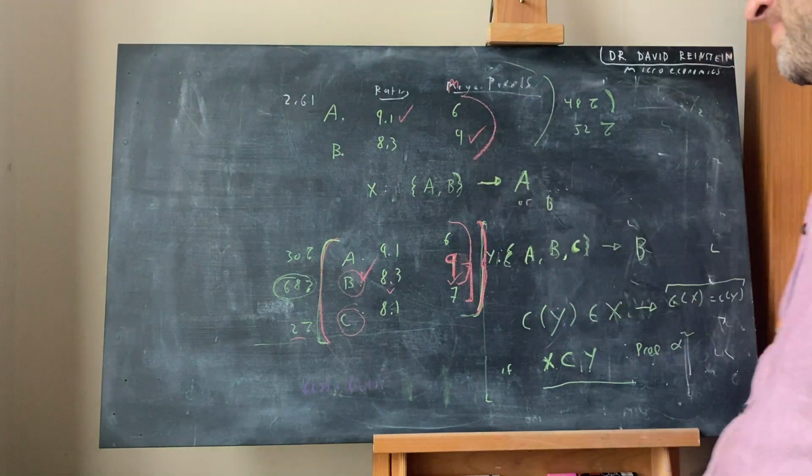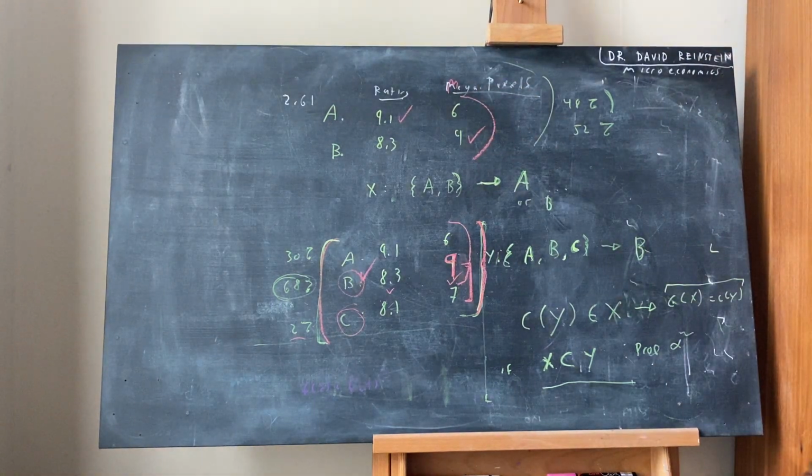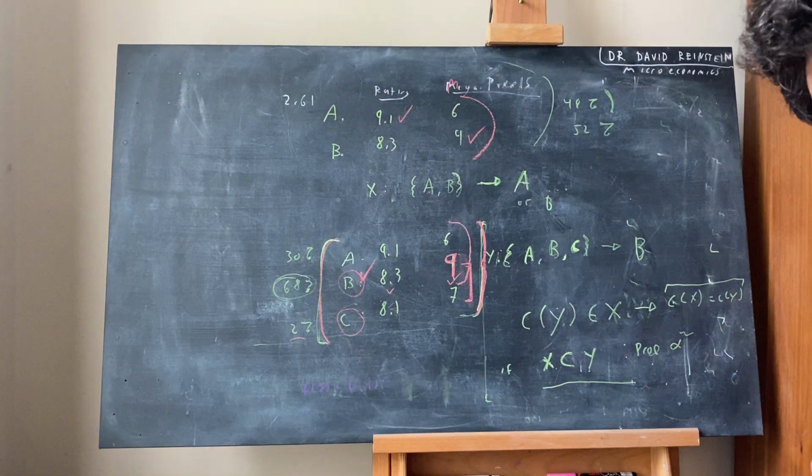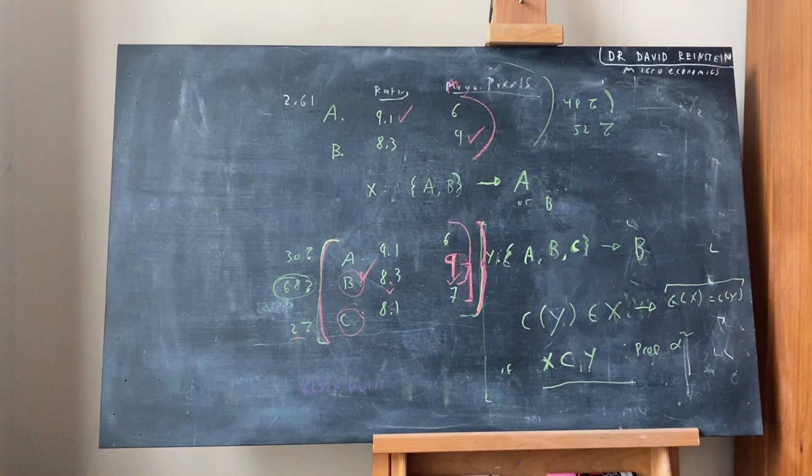Okay, now answering the question as I asked it to you, part of the question, I said, how do I depict a choice function representing the attraction effect?